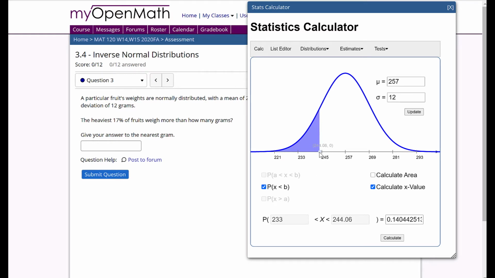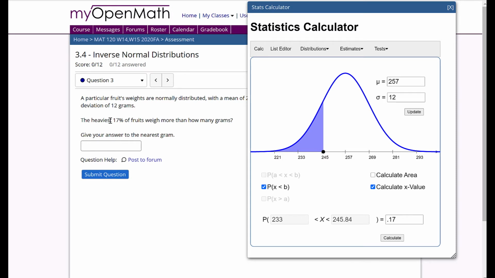And what we're looking for is the percentage, which is the area under the curve, to reach 17%. And you can't really get exactly on that very easily, which is why this is an input box and you can just enter that directly. And when you hit calculate, it knows to come up with a new value for x such that it is corresponding. Now, notice that we get 245.84.